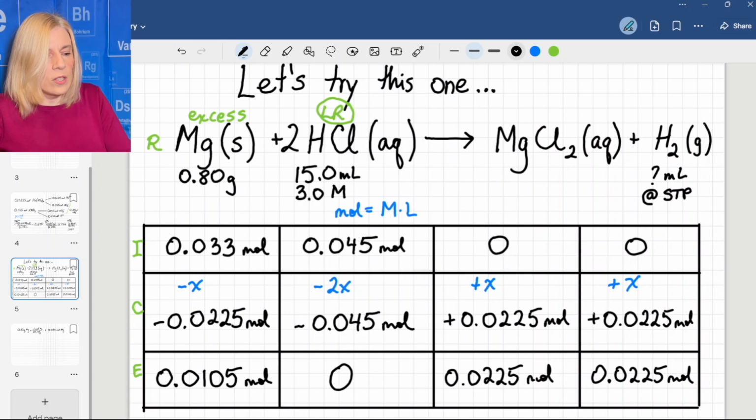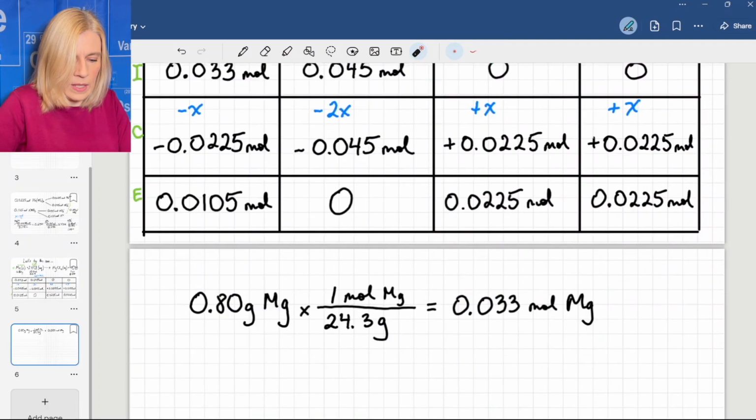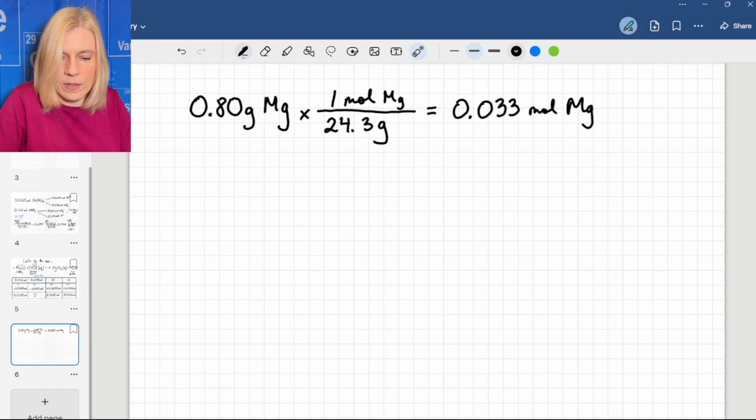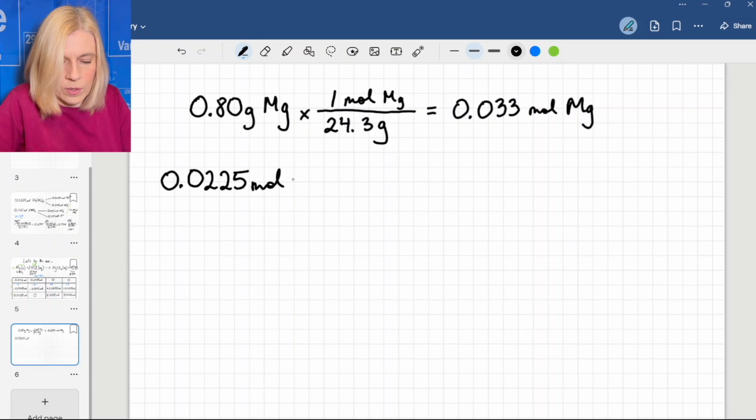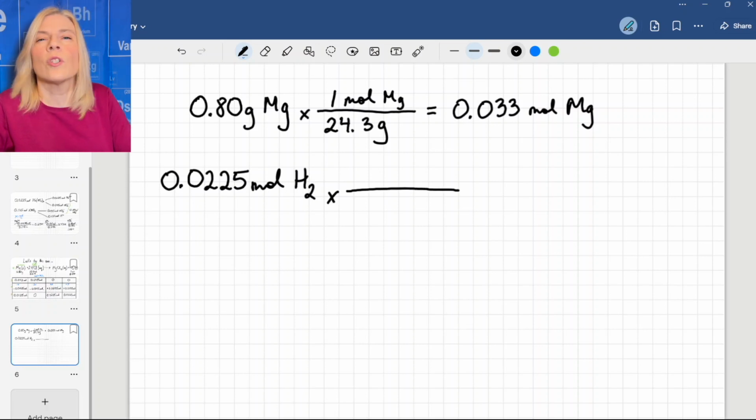Okay, so now that we know moles of my gas, I can quickly figure out volume. So right here, if I have 0.0225 moles of hydrogen gas made, remember our conversion factor?